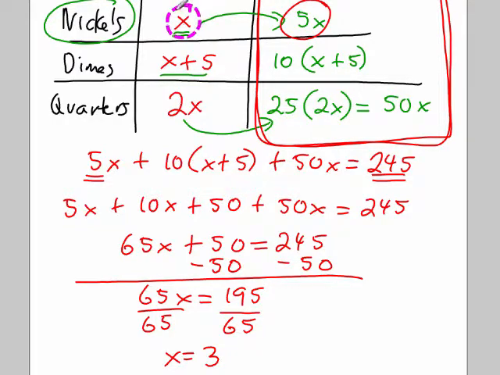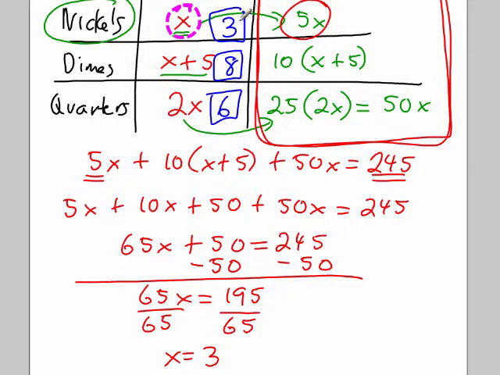Let's put 3 in for our number of coins. So what we're saying is that we would have 3 nickels, 3 plus 5, 8 dimes, and 2 times 3, 6 quarters. And let's see if this makes sense.